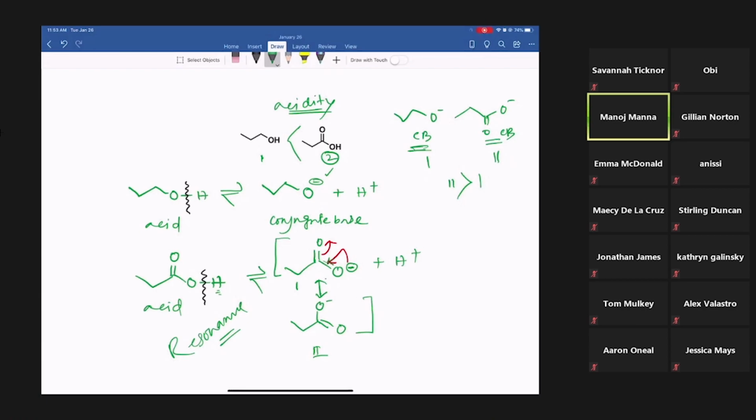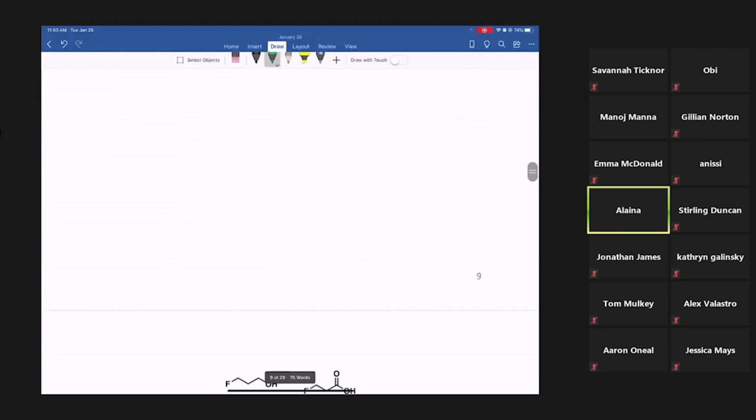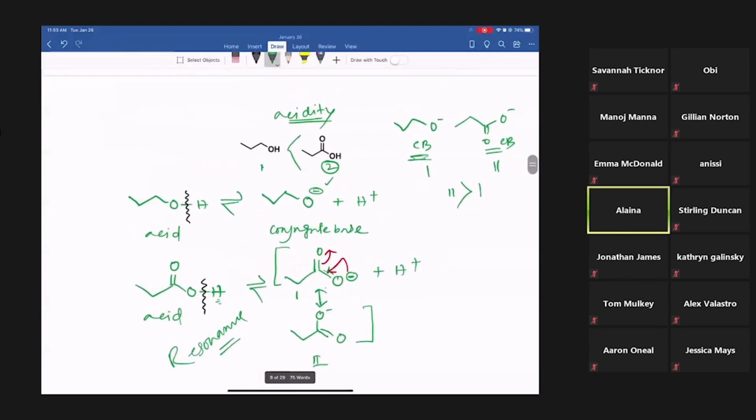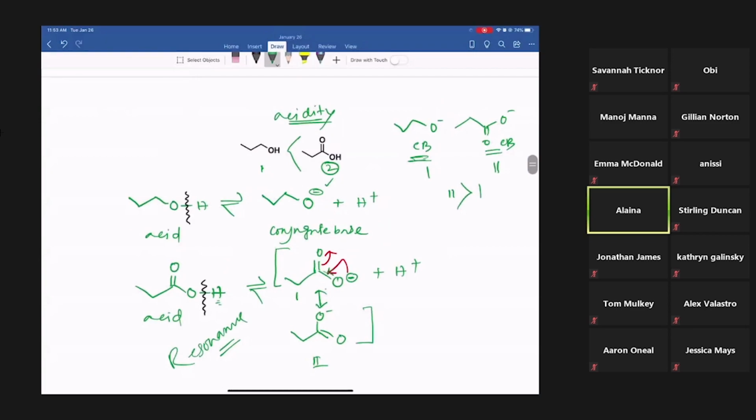How about inductive effect? So the comparison between the two conjugate bases, we're saying that the second one is more acidic than the first one, correct? In the top right-hand corner, the second structure is more acidic than the first structure. No, we are not saying acidity. Here we are talking about stability. Oh, okay, thank you.